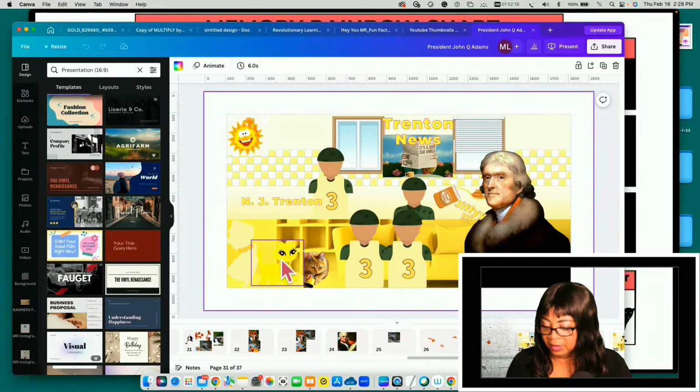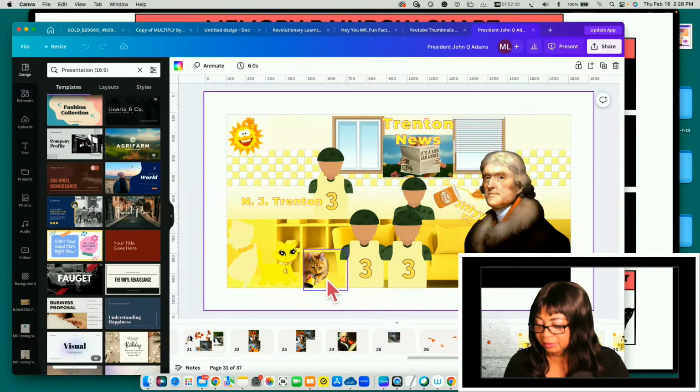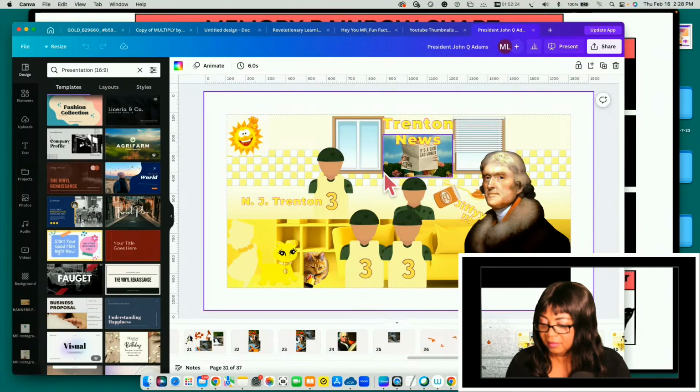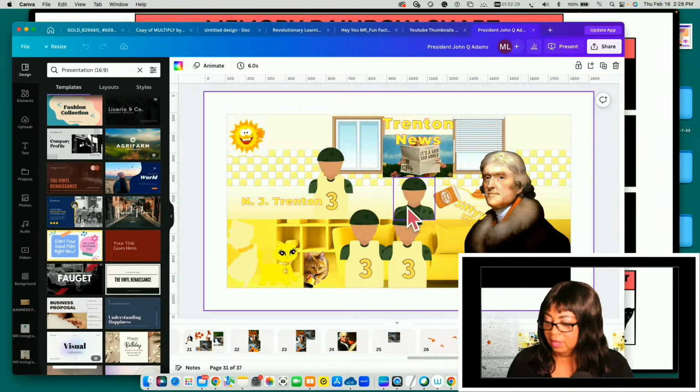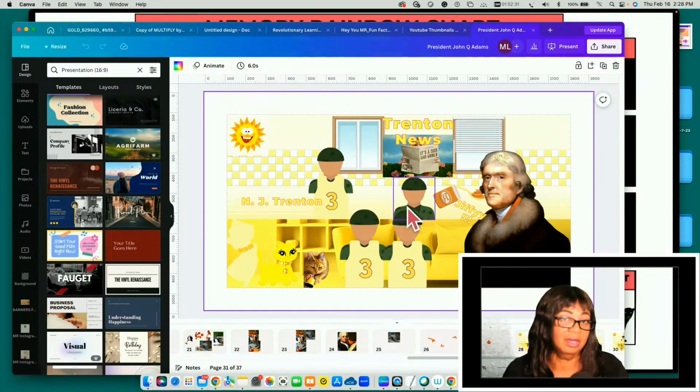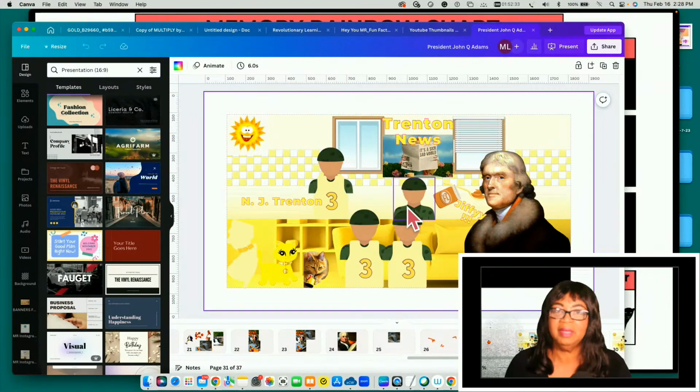And this one I drew myself, cat. So this, I think, came from Canva. A lot of these, I think, came from Canva. So it's a combination. If you can do a better job, you're welcome to. I'd be happy to take a look.